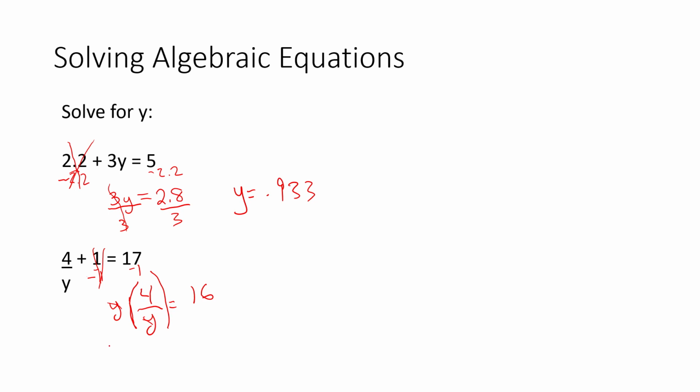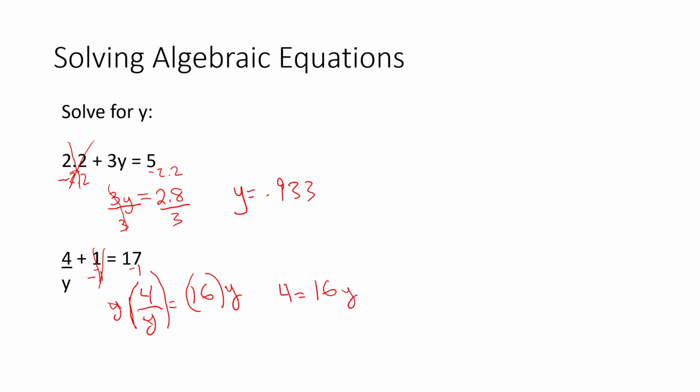Y divided by y is nothing. Because I multiplied by y on this side, I'm going to have to multiply by y on this side. So now since those are canceled out, I have 4 equals 16y.